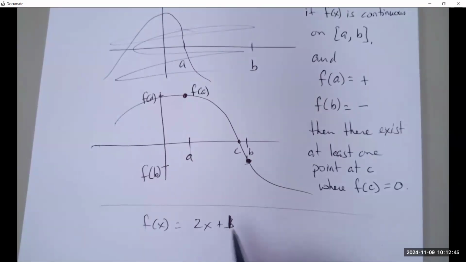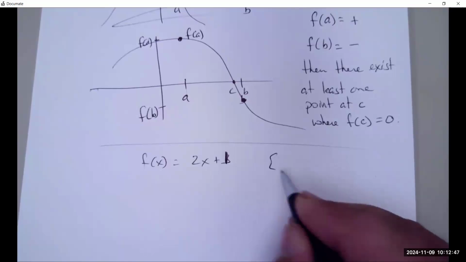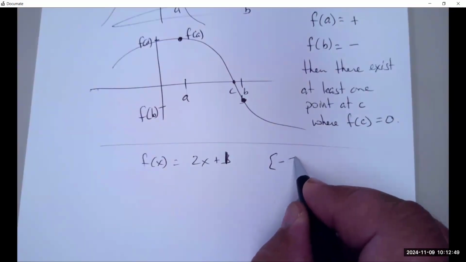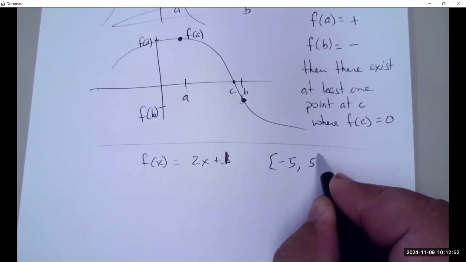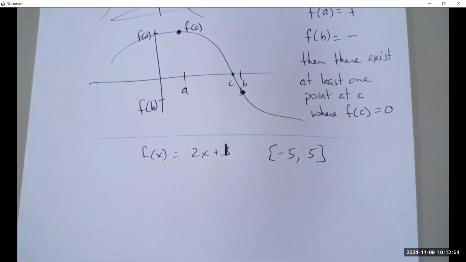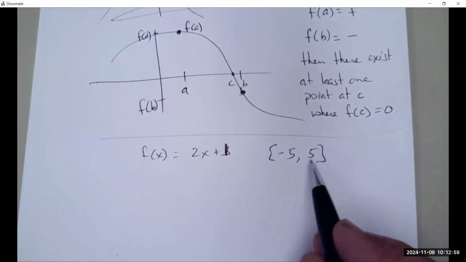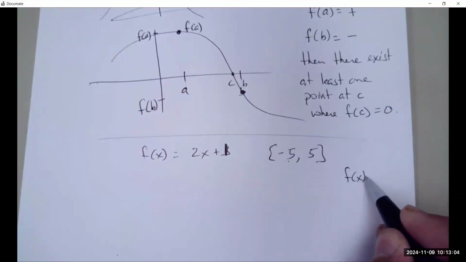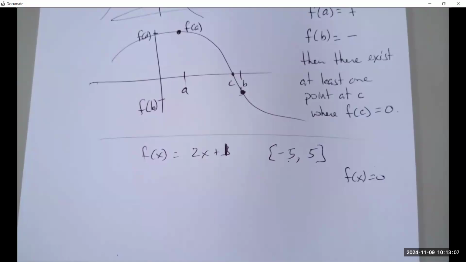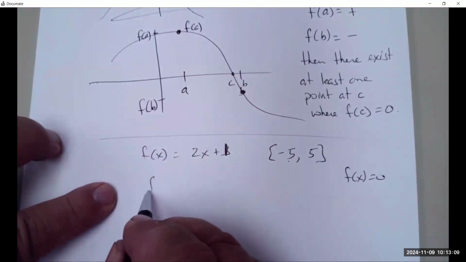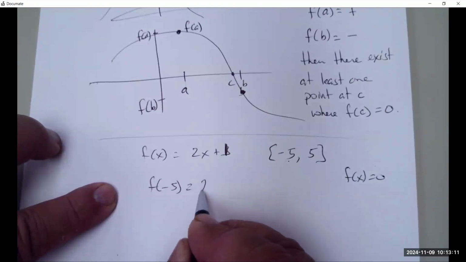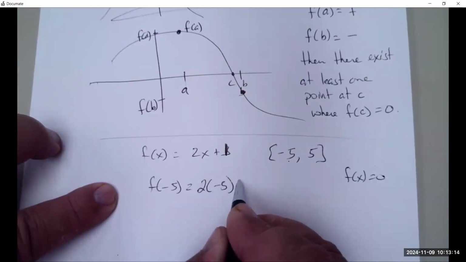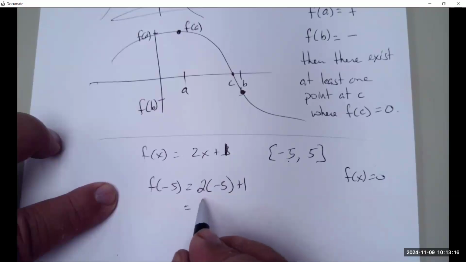Take 2x plus 1. The interval of this one is -5 and 5. Is there an x-intercept somewhere between there? In other words, is there a value inside this interval where f of x is equal to 0? Well, let's try it. Let's try at -5. -10 plus 1 equals -9.